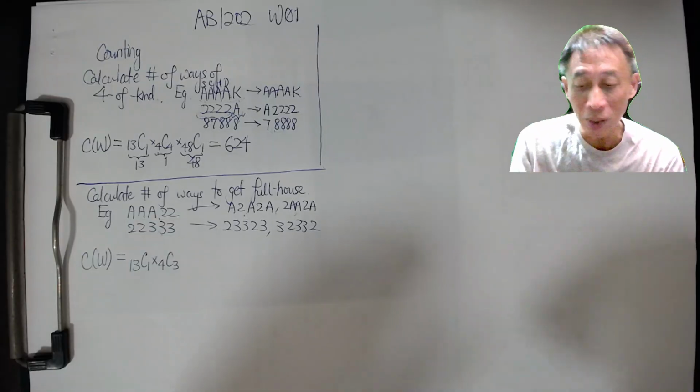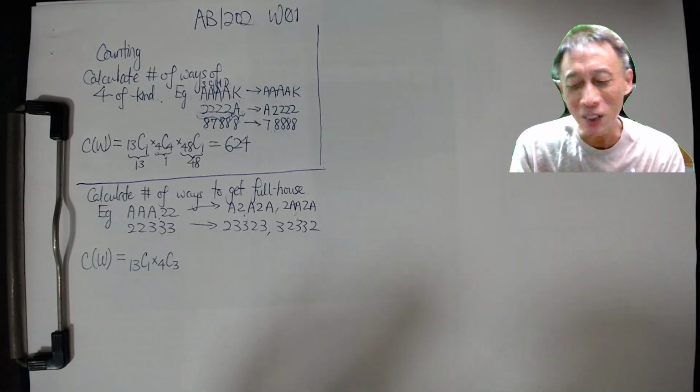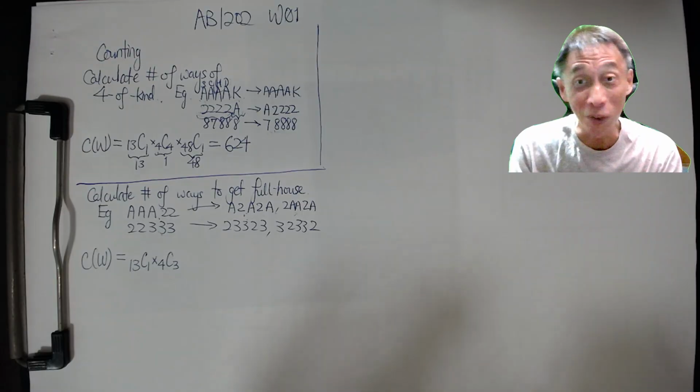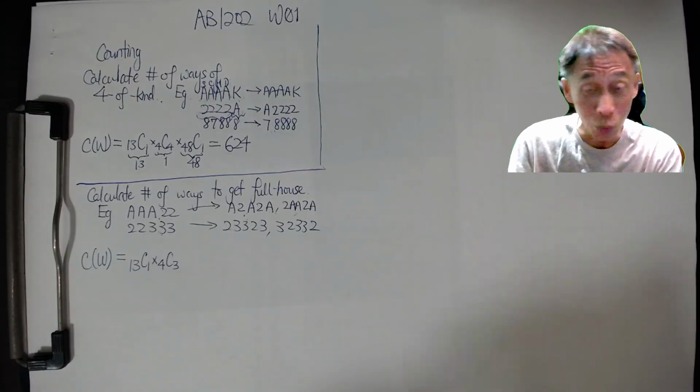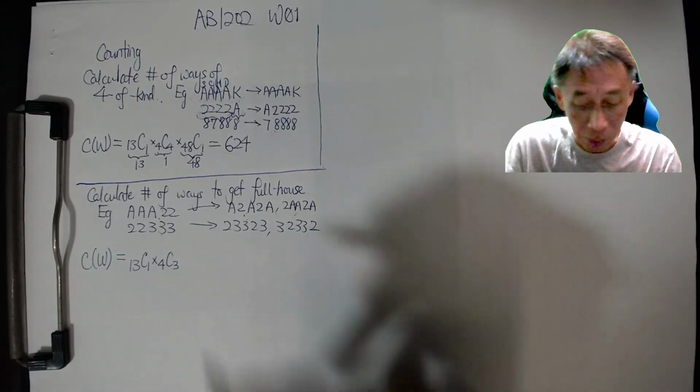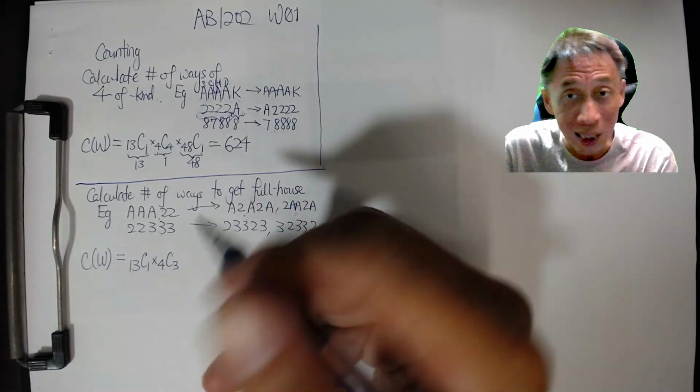Another way to think about it is like this: how many ways can I throw away one card out of the 4 cards, right? So there are four ways to choose which card to discard, and we keep the rest. So 4 choose 3 basically is just 4.